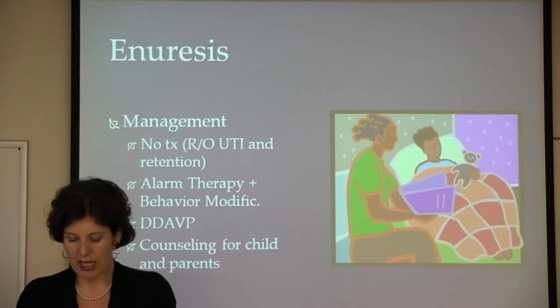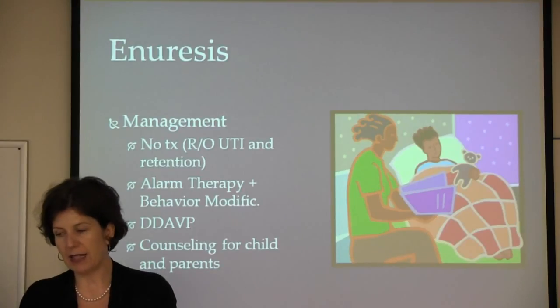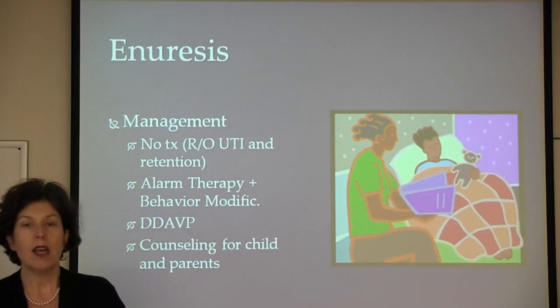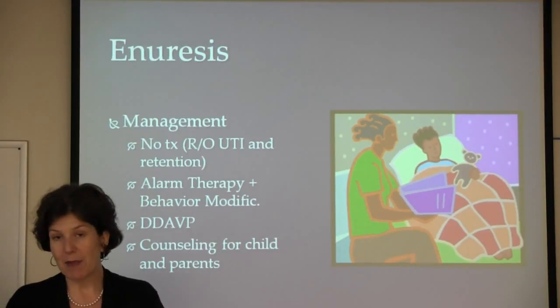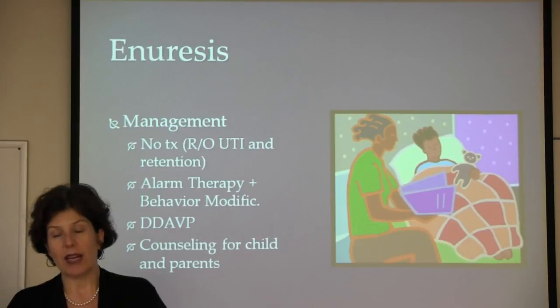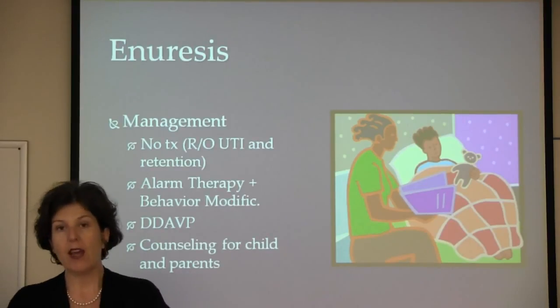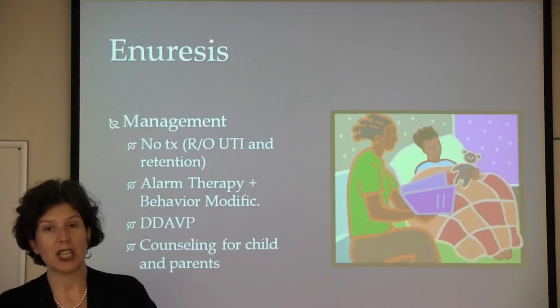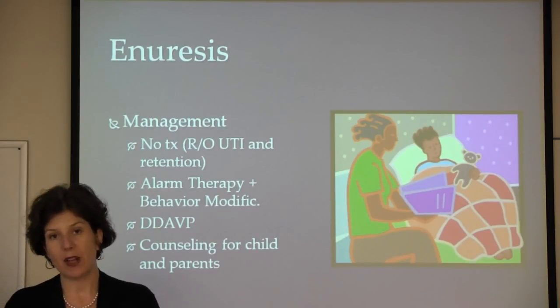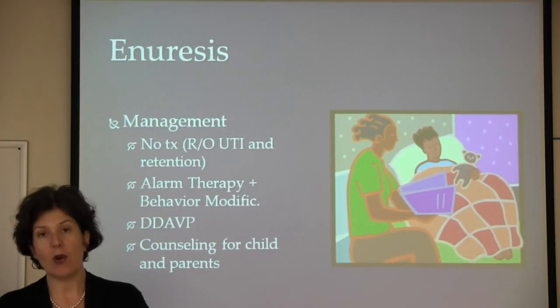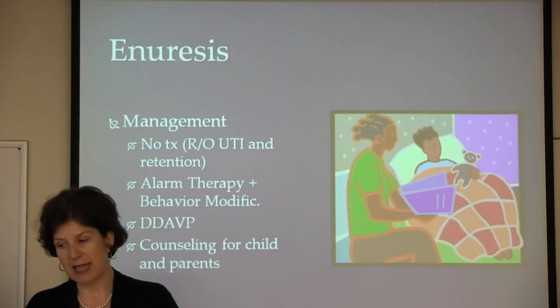So usually it's persistent bedwetting, and a lot of times alarm therapy and behavior modification help. Parents or caregivers wake up the child to toilet at intervals throughout the night. You can have a bed alarm, which, when a drop of fluid gets on the alarm, sets off the bed, which can either vibrate or wake the child up with a sound.